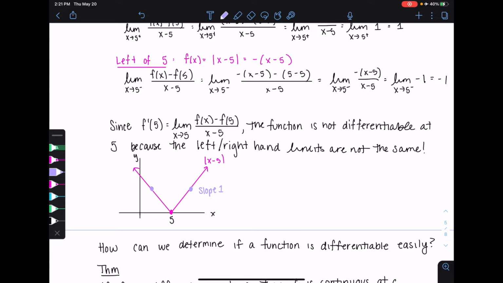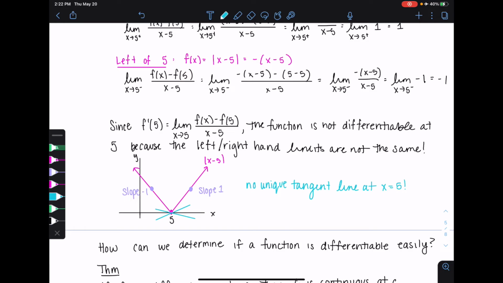The slope on the left-hand side is going to be negative 1, because they are just lines. At 5 itself, I can draw a bunch of lines that just touch that point. So there's really no unique tangent line at x equals 5. So that derivative cannot exist there because I don't have a set slope, because I don't have a set tangent line. So that's why it's not going to exist.